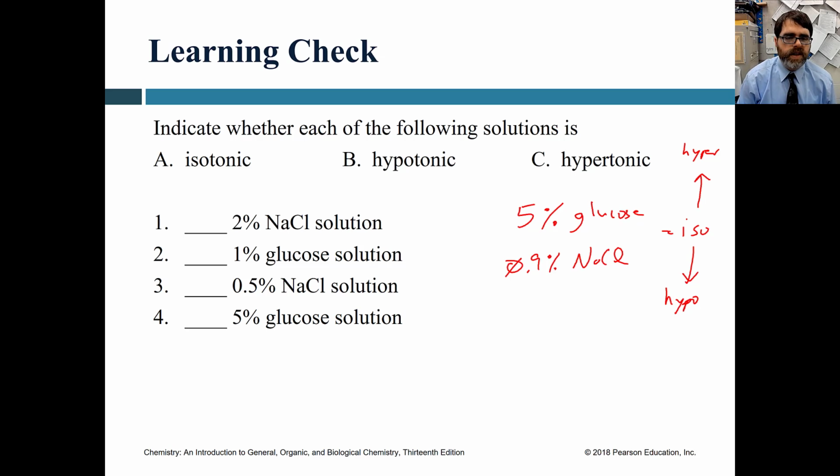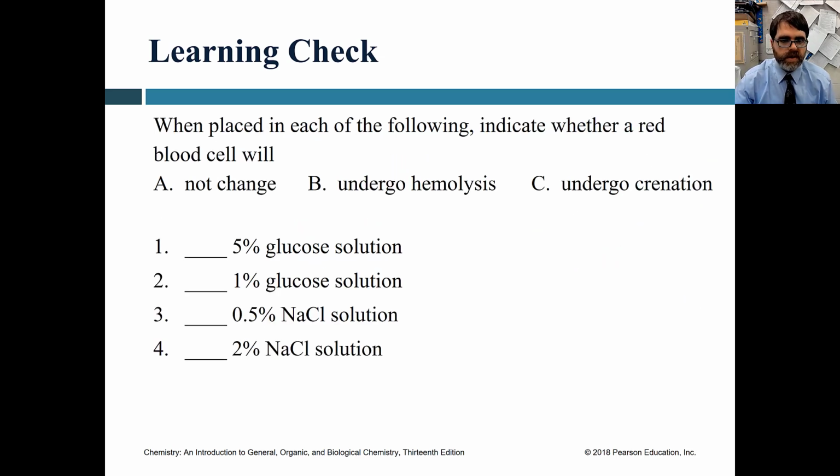So 2% NaCl, that's too much, so that's going to be hypertonic. 1% glucose solution is going to be low, so that's going to be hypotonic. This one is also low, so hypotonic, and this one is equal to, so isotonic. So that would be number 1, 2, and 3, and 4 there if we label it the other direction.